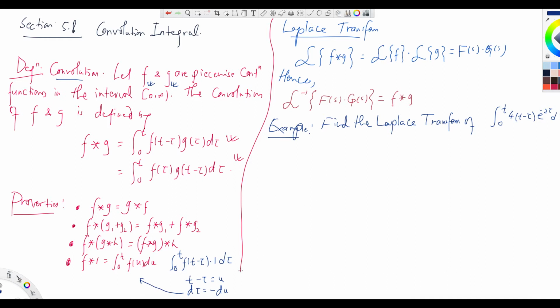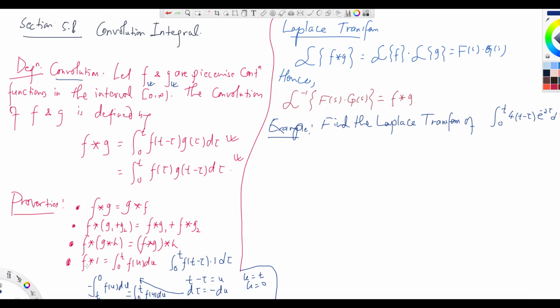If you change the limits of integration, when tau equals 0, then u equals t, and when tau equals t, then u equals 0. So what you get is the integral from t to 0 of f(u) du with a negative sign. But when you swap the lower and upper limits, you get positive, so it is the integral from 0 to t of f(u) du. This is how you get that.